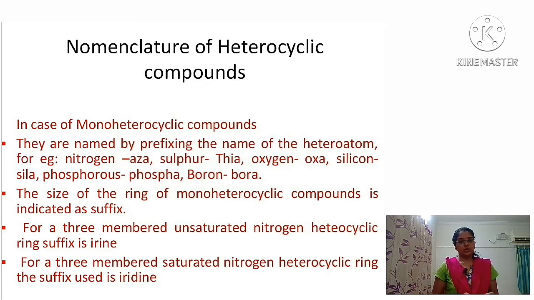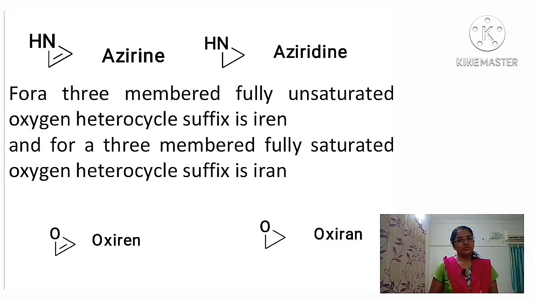If it is saturated, the suffix used is iridine. So for the 3-membered unsaturated nitrogen monoheterocycle, the IUPAC name is azirine, and for the saturated one, the name is aziridine, because aza is for the nitrogen atom and iridine represents the suffix, that is, the ring size of the heterocyclic compound.